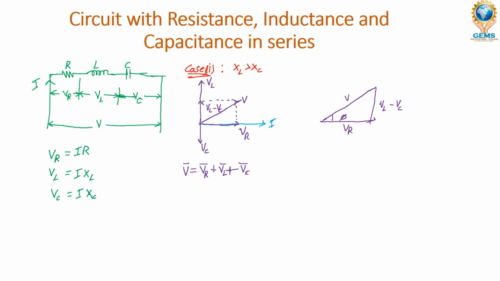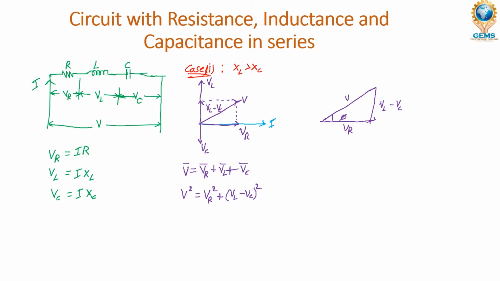Now from this triangle, if you see V, the voltage, that V is the hypotenuse. Square of the hypotenuse equals square of the other two sides, that is VR square plus (VL minus VC) square.